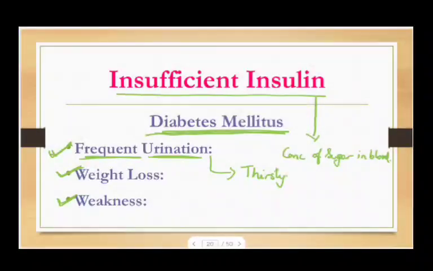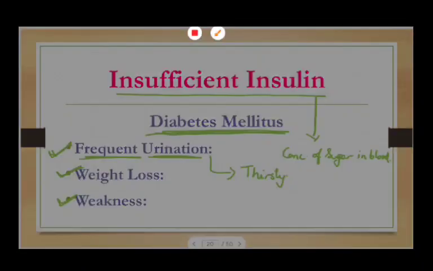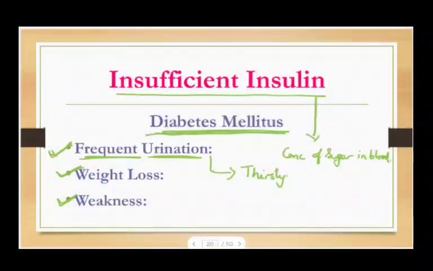Body shows weakness. In certain people, the glucose level comes down due to over secretion. So the insufficient insulin problem is under secretion, a hypo situation. But what happens when there is over secretion?